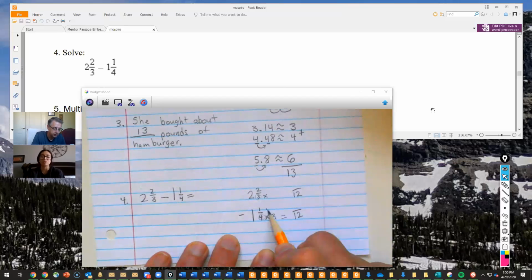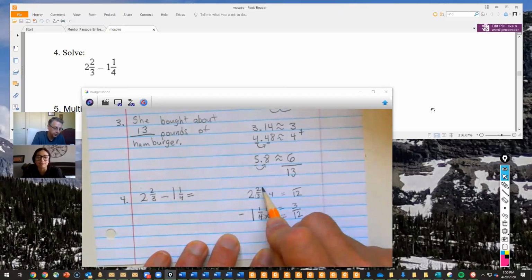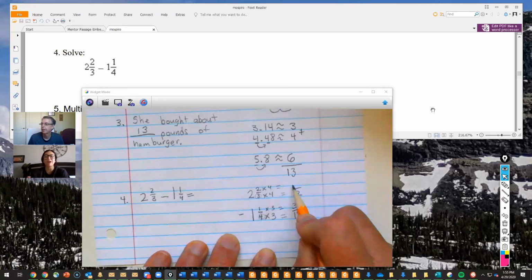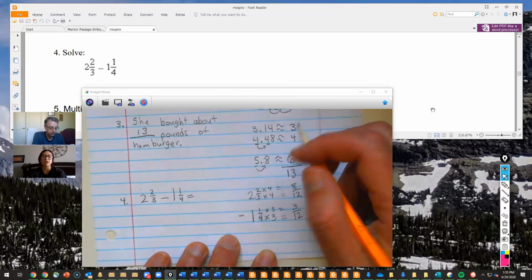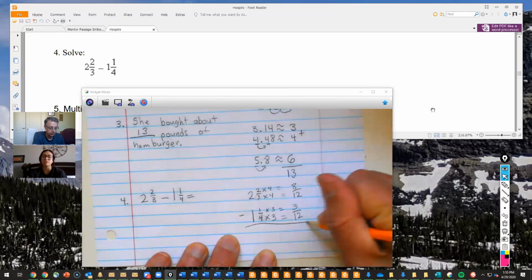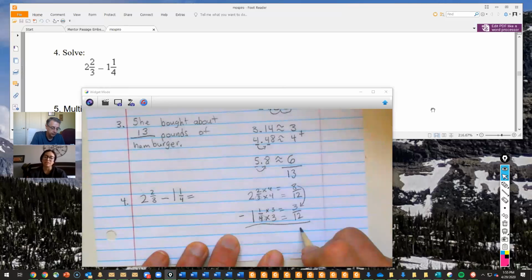So then your 3 times 4 gives you your 12, and your 3 times 1 gives you 3. And then 3 times 4 gives you 12 on that top fraction, and your 2 times 4 gives you 8. So you should have 8/12 minus 3/12. So then, remember, we don't subtract our denominators. We can leave those. Then you do your 8 minus 3, which should give you 5 over 12.